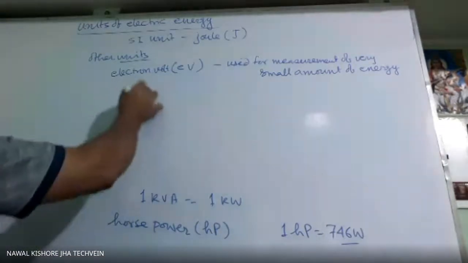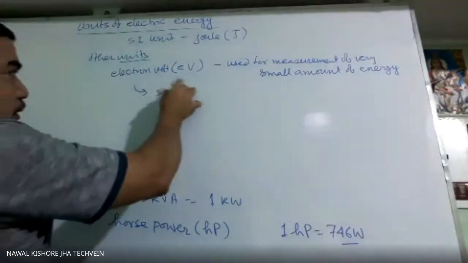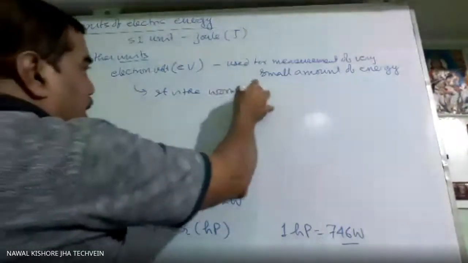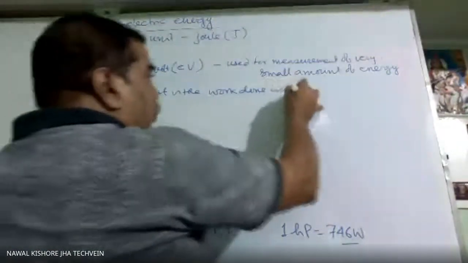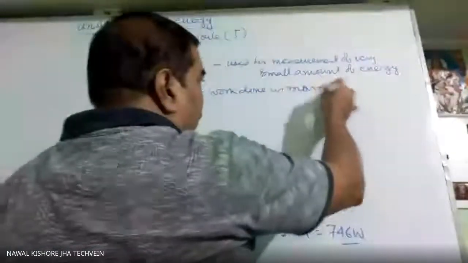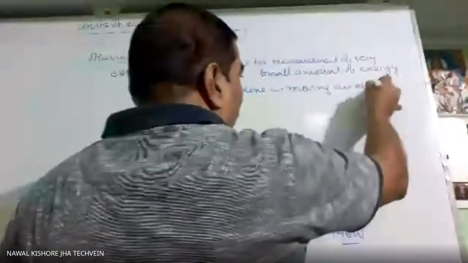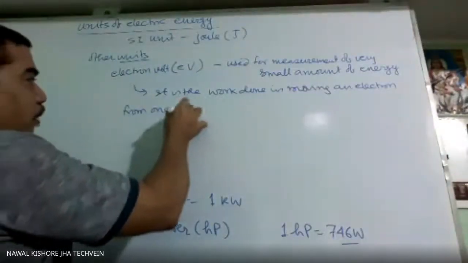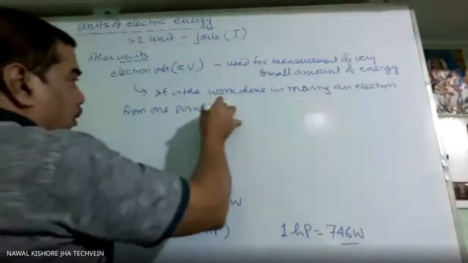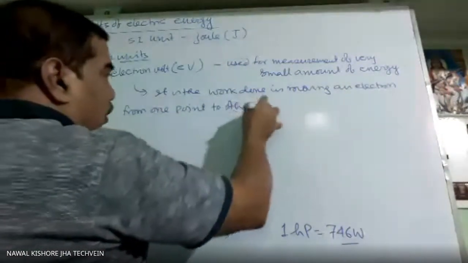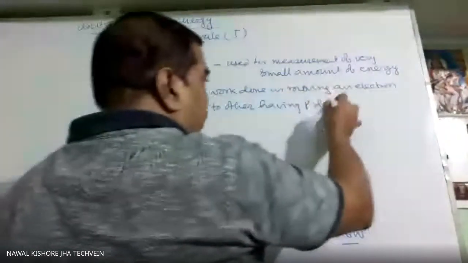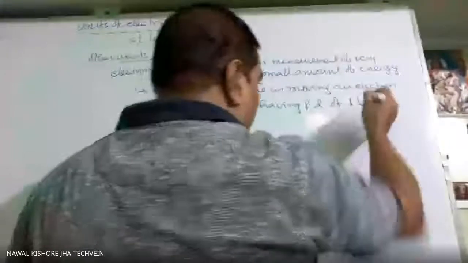It is the work done in moving an electron through a potential difference of 1 volt.